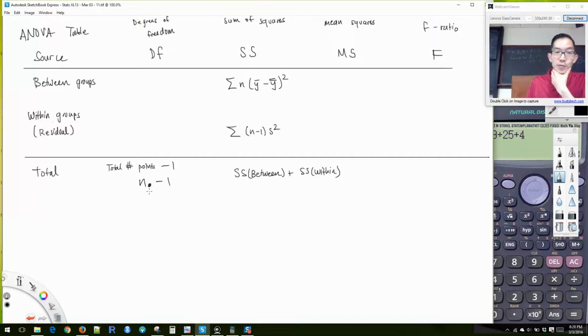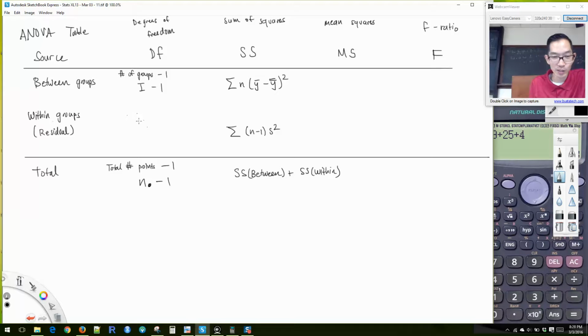The degrees of freedom for between the groups is number of groups minus 1. Number of groups is sometimes written as I, and it'll be I minus 1. Okay, and then the within groups degrees of freedom is basically defined by the relationship: this plus this has to add up to the total degrees of freedom.